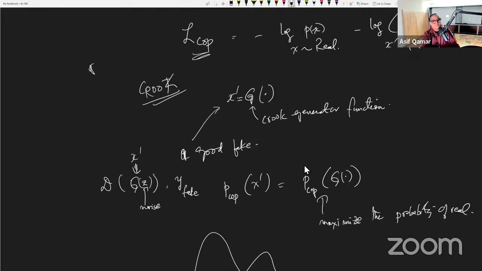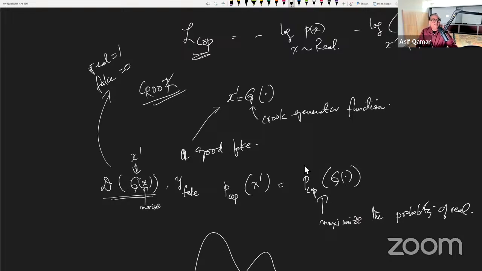Let's say that real is 1, fake is 0. You want the discriminator to be as close to 1 as possible, isn't it? So predict that it is real. Are you getting that, Krishnan?